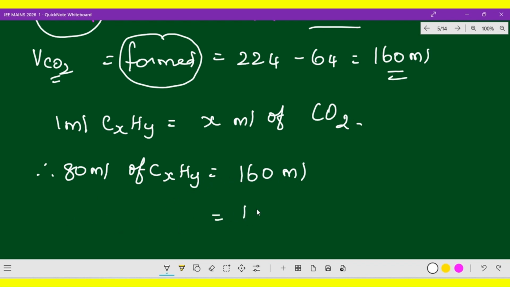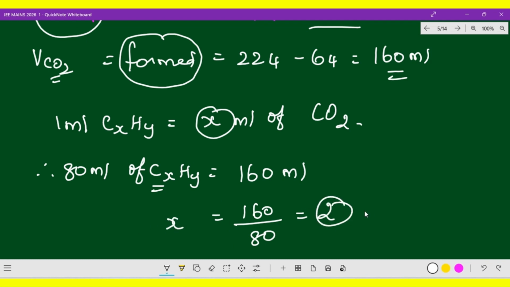So 160 divided by 80, x equals 2. You got it, so x is 2.